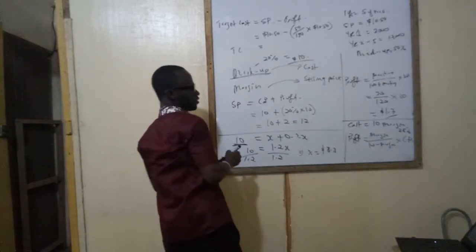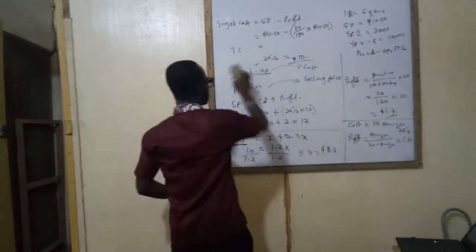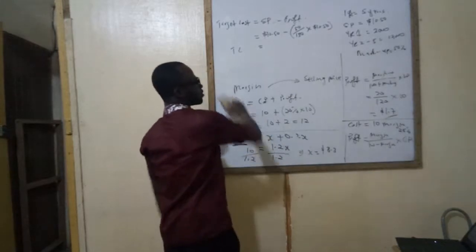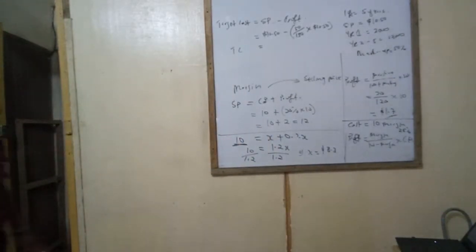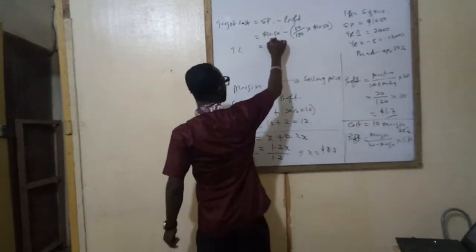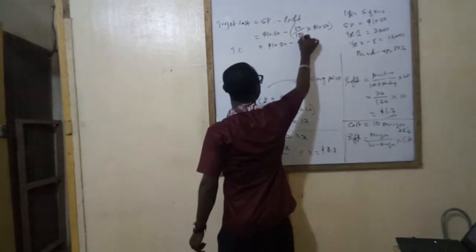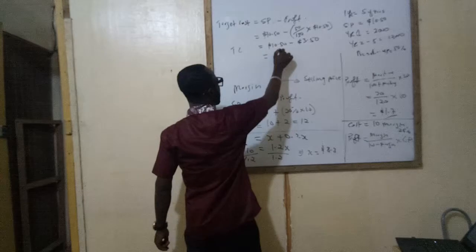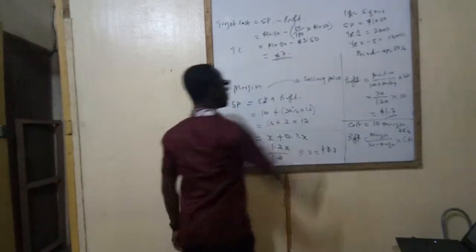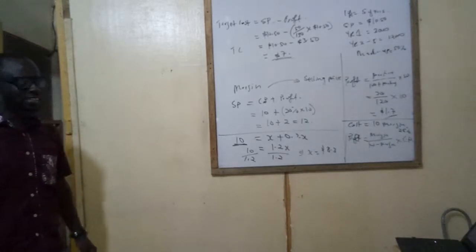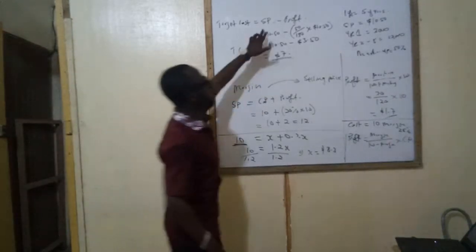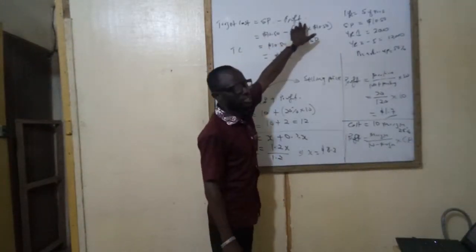TC: 10.50 minus 3.50, and so we get 7. So that is the answer to that question. So we say that target cost is selling price minus profit.